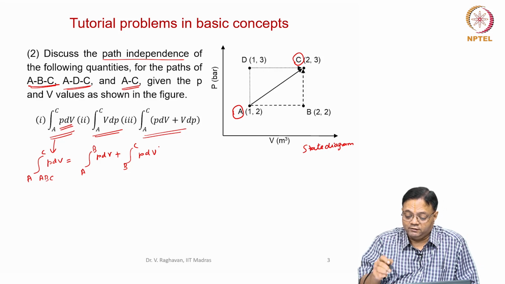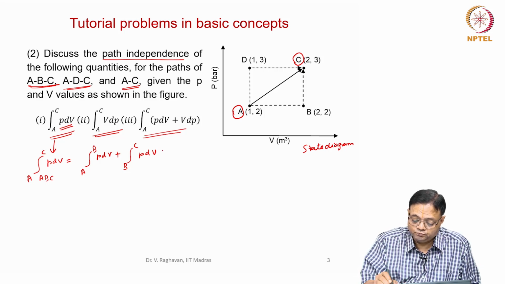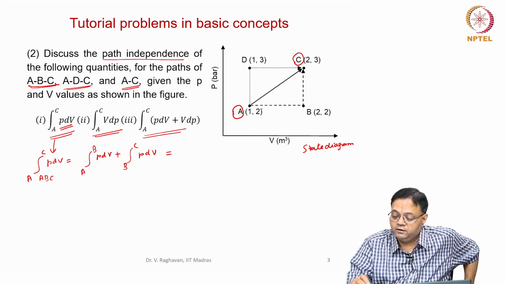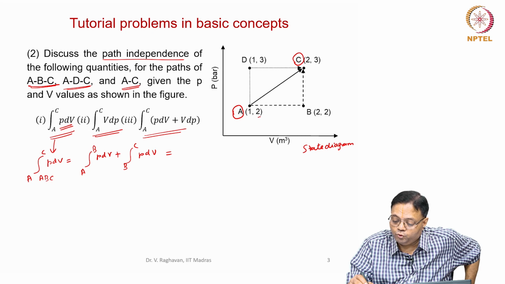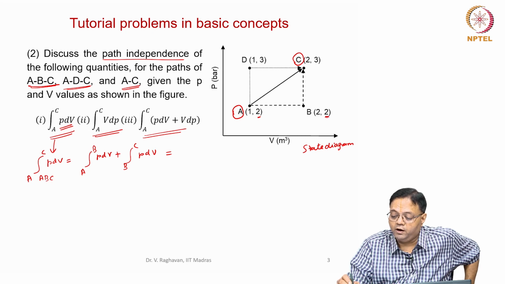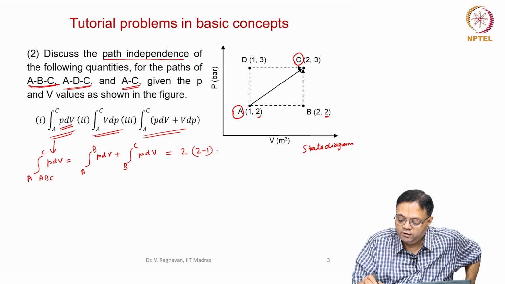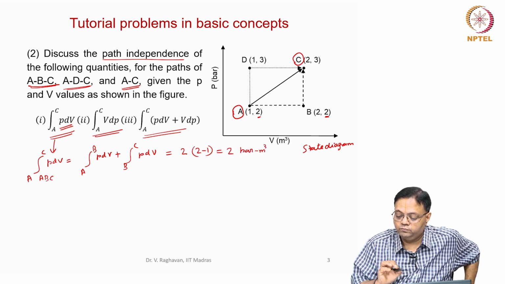Now, I can easily do this. For P dV from A to B, P is 2 bar, here also P is 2 bar. So, 2 is constant, I take it out. V varies from 1 meter cube to 2 meter cube. So, 2 times (2 minus 1), it is 2 bar meter cube.